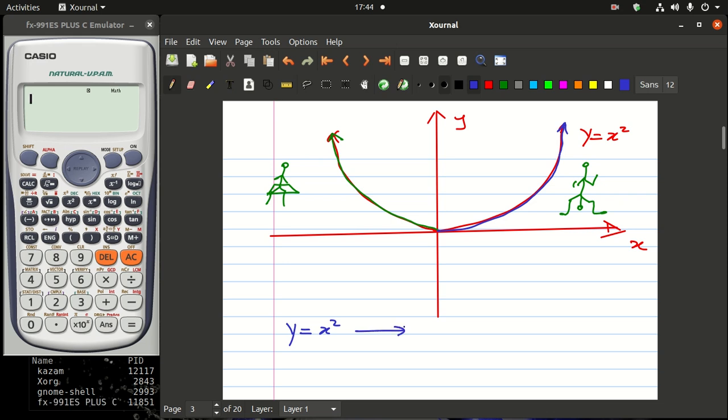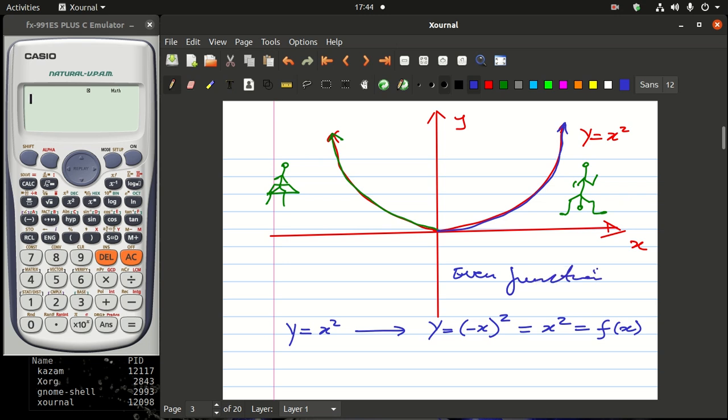And now when I'm looking for the reflection across the y-axis, I end up getting y is equal to minus x, and you square it up, I still get the same thing as x squared, which was the original f of x. So in this case, this function is called an even function.